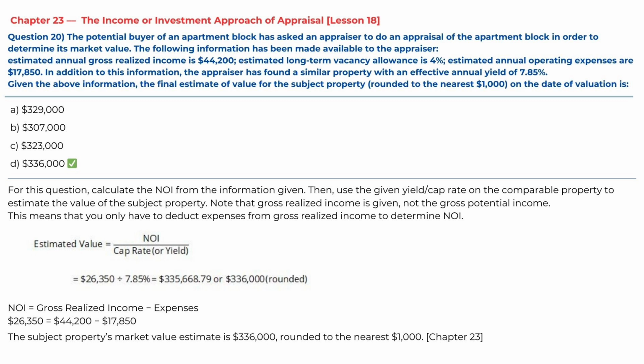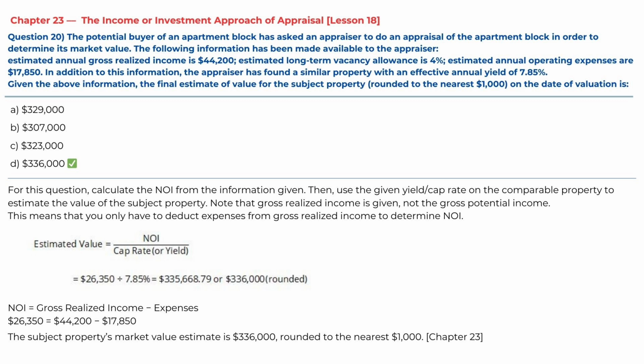Then, use the given yield/cap rate on the comparable property to estimate the value of the subject property. Note that gross realized income is given, not the gross potential income. This means that you only have to deduct expenses from gross realized income to determine NOI. Estimated value equals net operating income divided by cap rate or yield equals $26,350 divided by 7.85% equals $335,668.79, or $336,000, rounded.